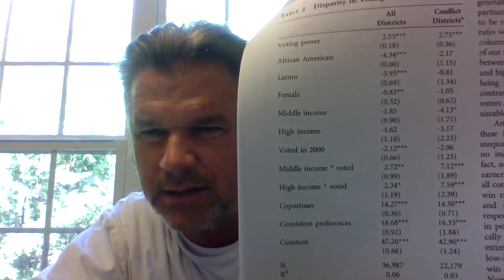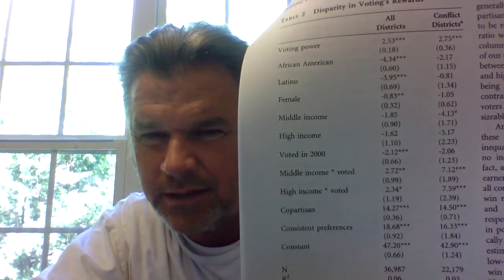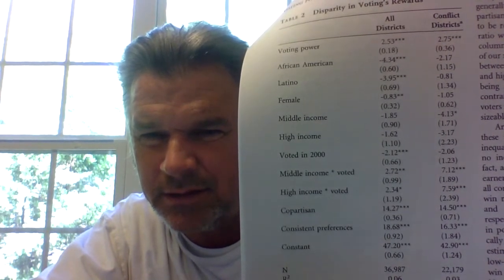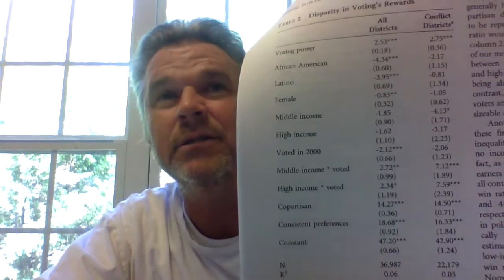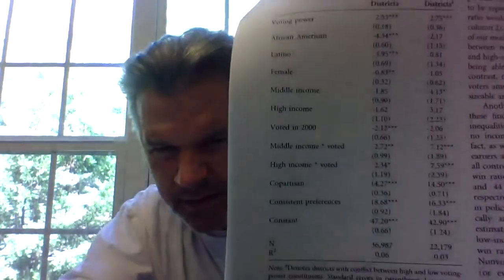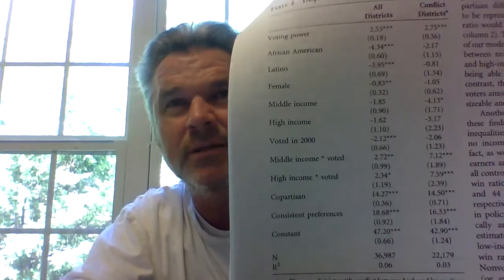Being co-partisan increases policy representation, and having consistent preferences increases policy representation. And the R-squared in both models? Bad. Low. They're really low.